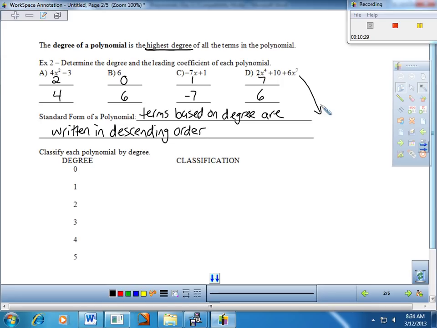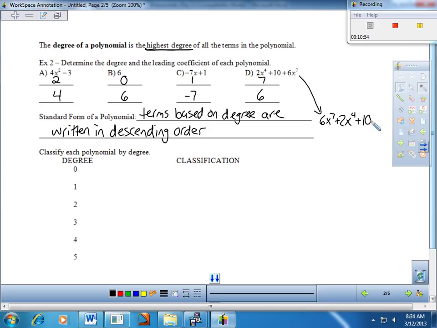Standard form here would be starting out with that 6x to the 7th. So we start with the largest degree, and then we go down in descending order. And so the next one would be the 2x to the 4th, and the next one would be the 10x to the 0. And so that would be the standard form version of that polynomial right there.